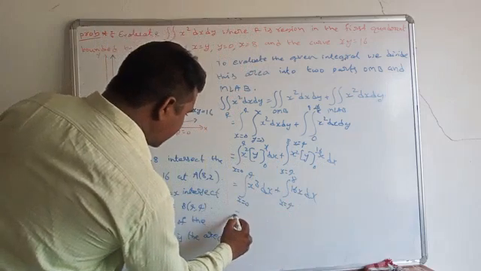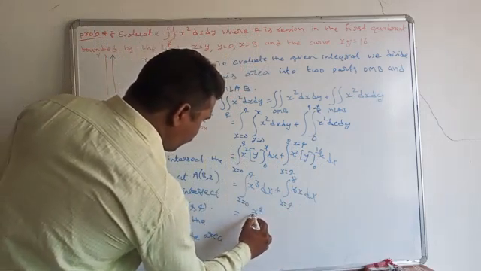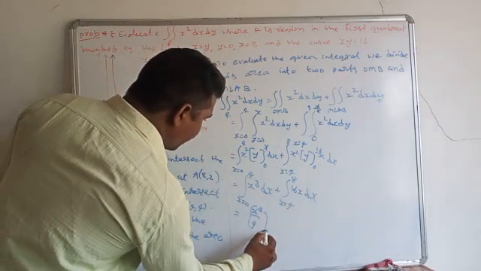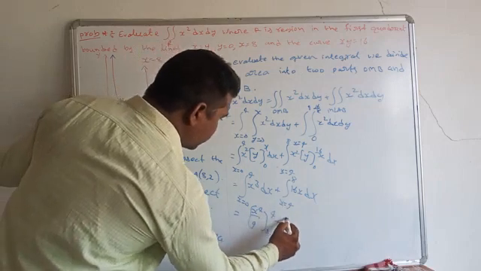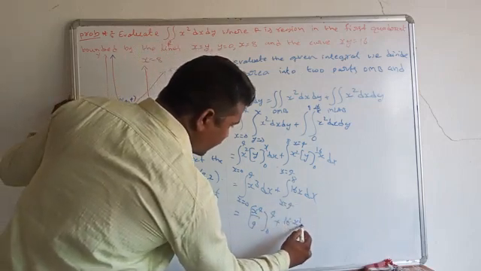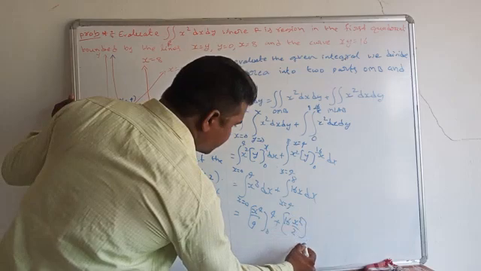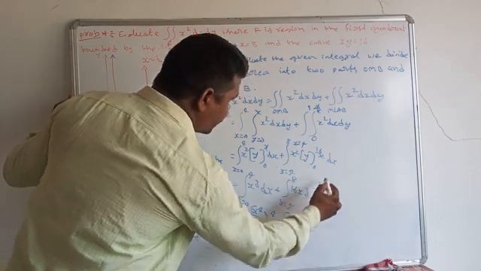ఇప్పుడు ఇంటిగ్రేట్ చేస్తే, x cube integration is x power 4 by 4, with limits 0 to 4, plus 16 constant, x integration is x square by 2, with limits from 4 to 8.